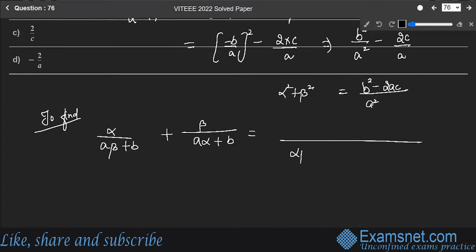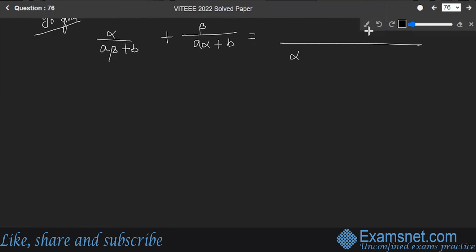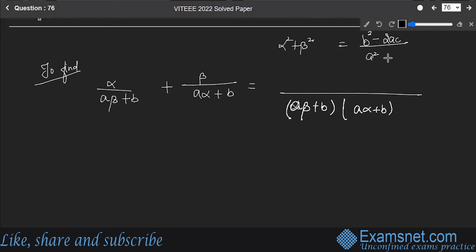So this will be A into beta plus B multiplied by A into alpha plus B. This is equal to, this will be alpha into A alpha plus B plus beta into A beta plus B. Correct?